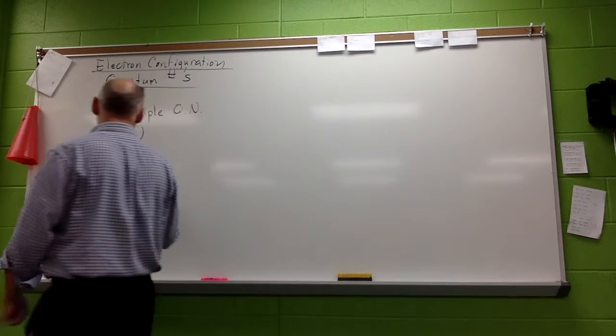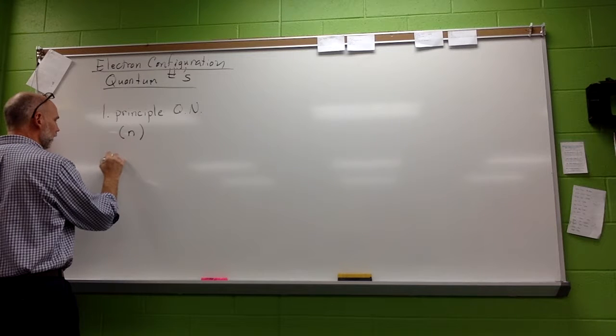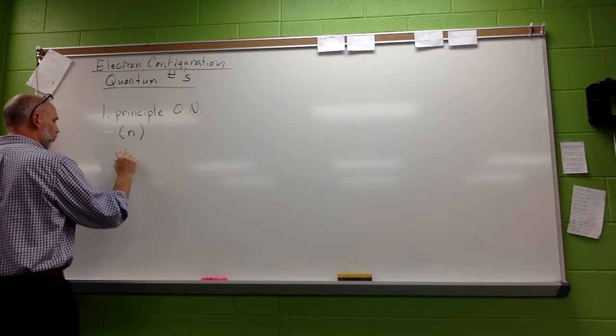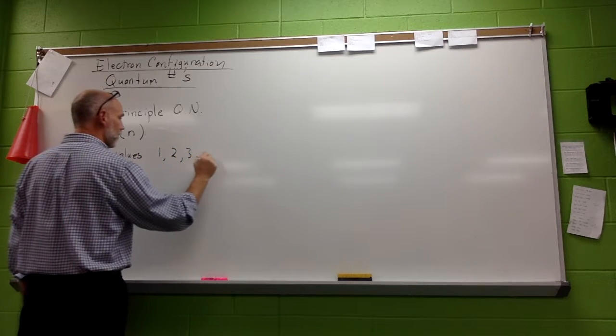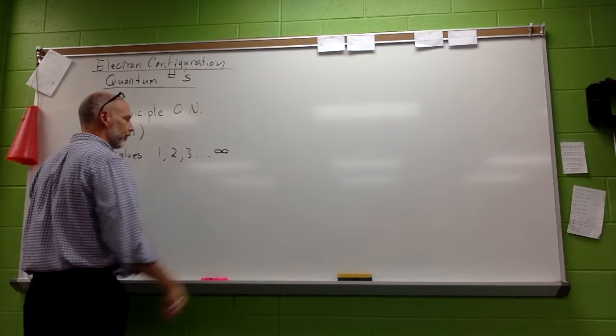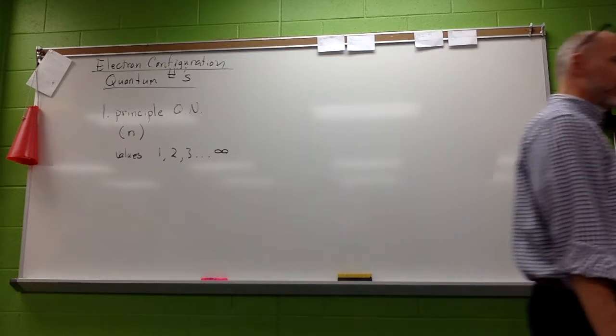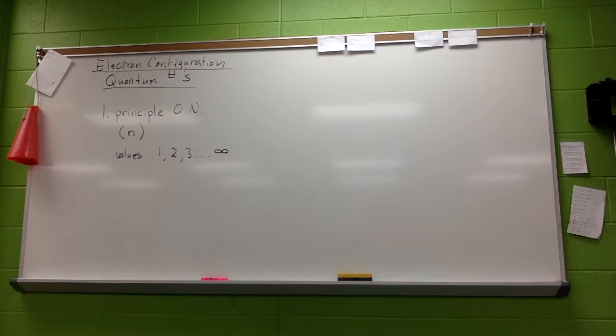It has the values 1, 2, 3 through infinity. And this is actually kind of a true statement. An electron for an atom could still be deemed that atom's electron, and it could be anywhere in the universe. Now, what's the probability of finding a hydrogen electron for this little hydrogen atom out by Jupiter?